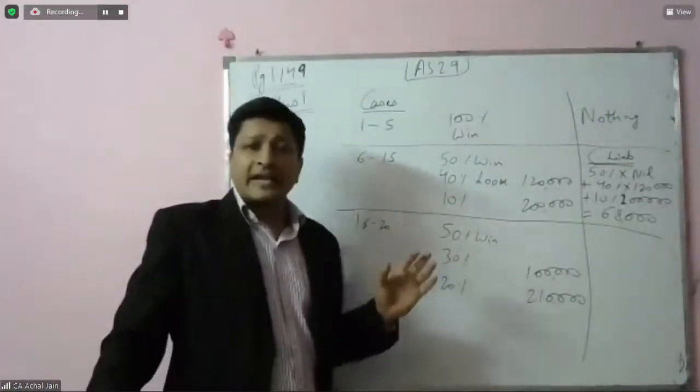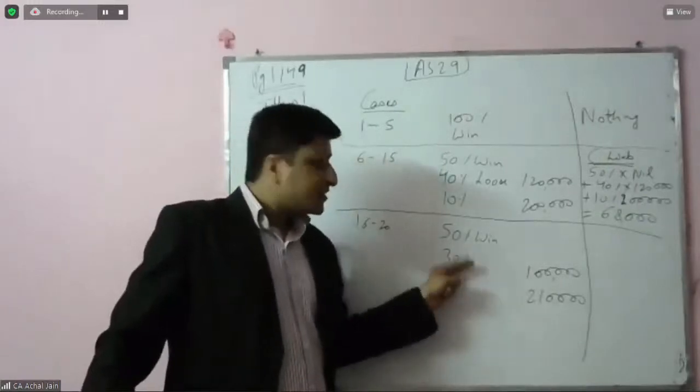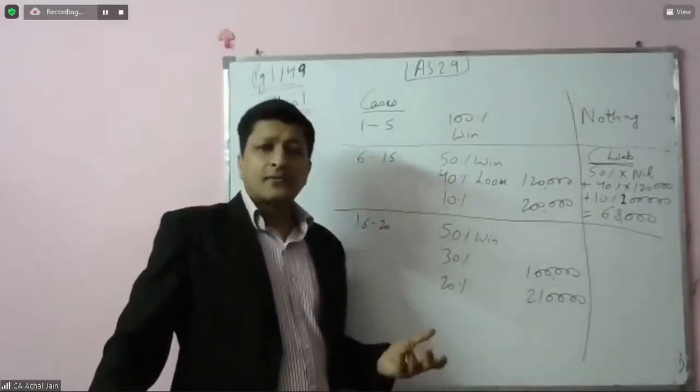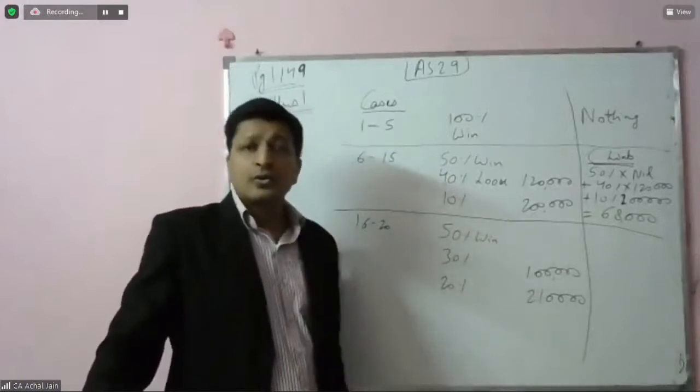For this third category, once again, what do we see? 50% chances are for win, 50% chances are to lose.